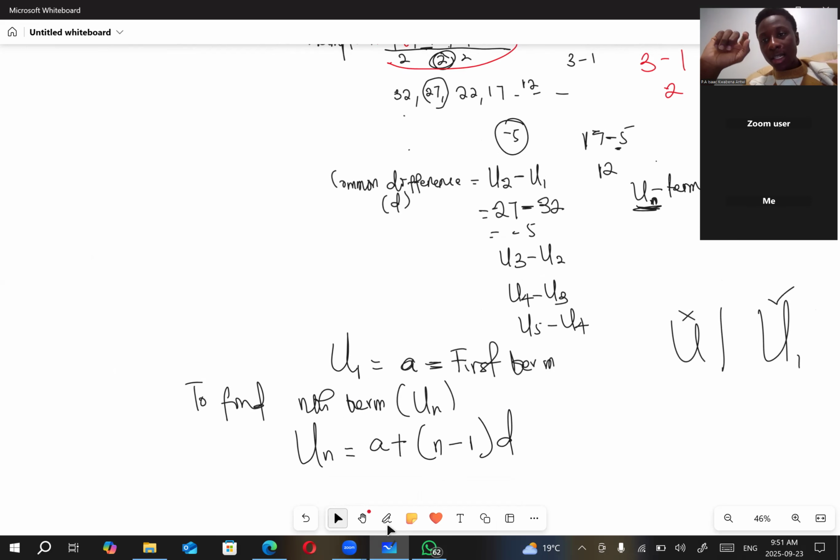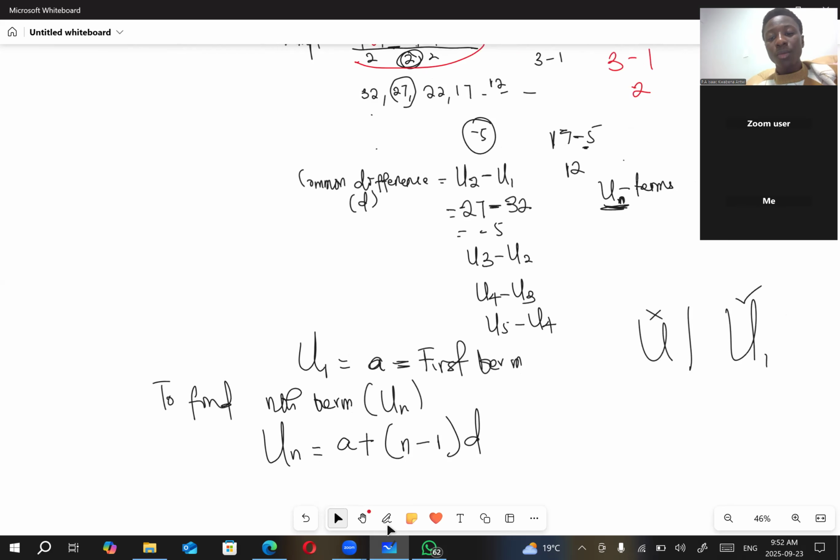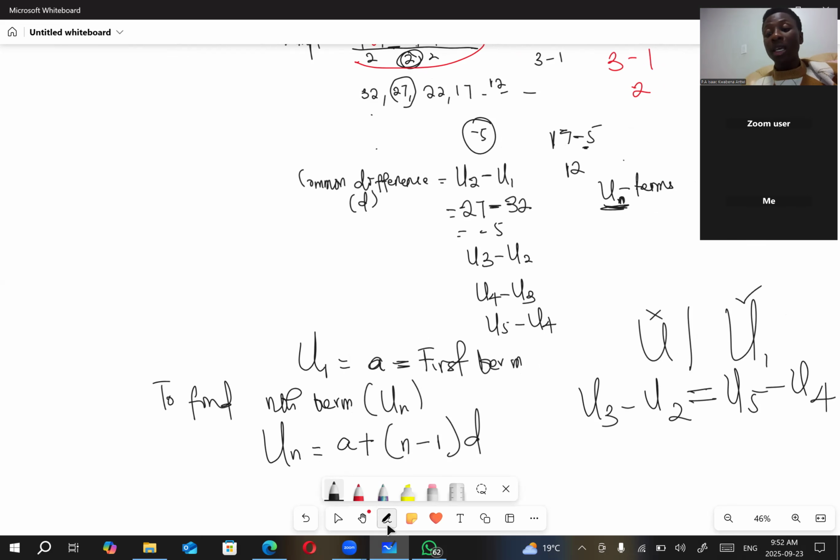And listen, this statement I've used, you can use it to form an equation to produce unknown numbers in certain word problems. Pay attention. If you decide to do third term minus second term, the answer you get is the same as if you do fifth term minus fourth term.